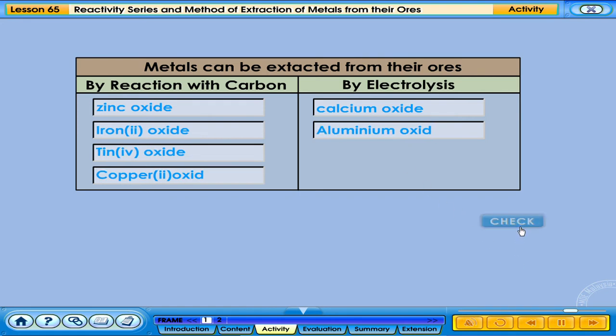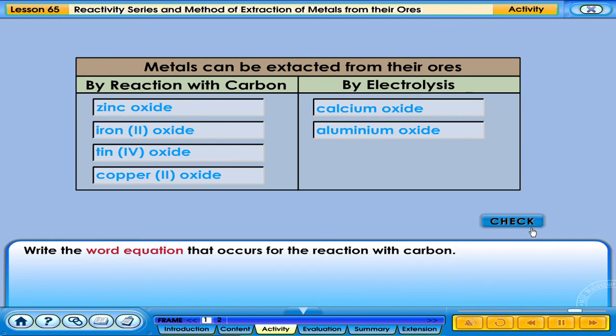That's not right. Please try again. Your answer is incorrect. This is the correct answer. Write the word equation that occurs for the reaction with carbon.